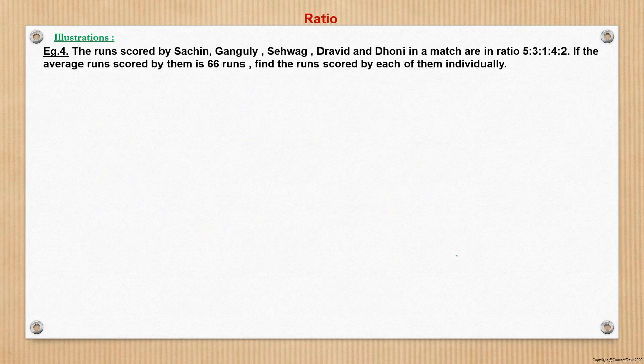Now, this problem reads that the runs scored by Sachin, Ganguly, Sehwag, Dravid, and Dhoni in a match are in the ratio of 5 is to 3 is to 1 is to 4 is to 2. If the average runs scored by them is 66 runs, find the runs. Okay, now let's see.